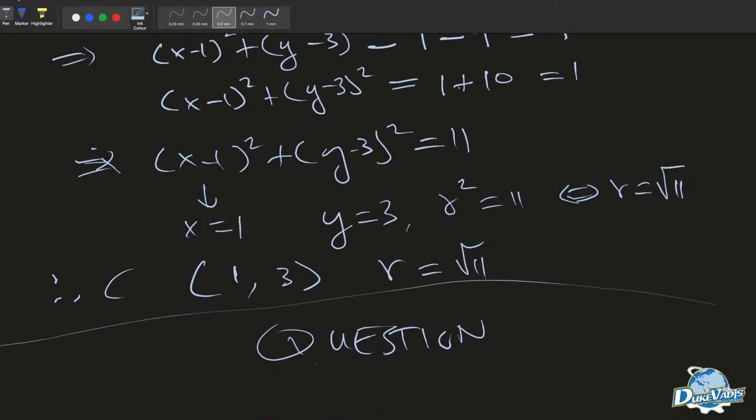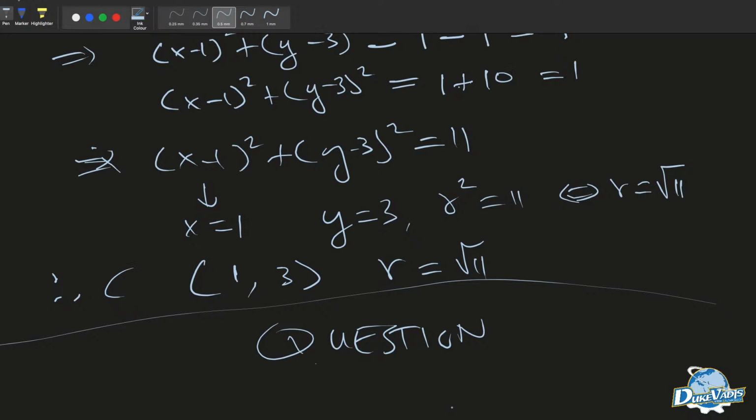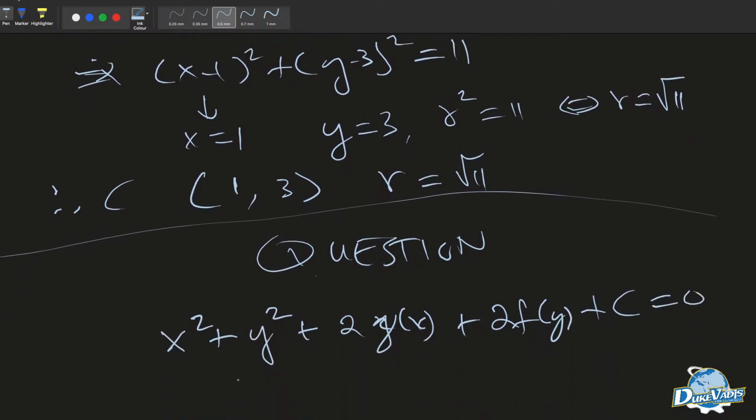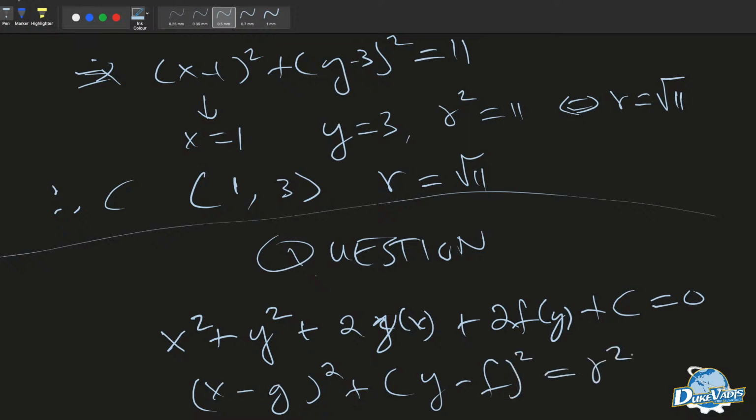Big question. Okay, let's see. The question was, some student asked me, is this equation x squared plus y squared plus 2g of x plus 2f of y plus c, is it the same as x minus g squared plus y minus f squared is equal to r squared?